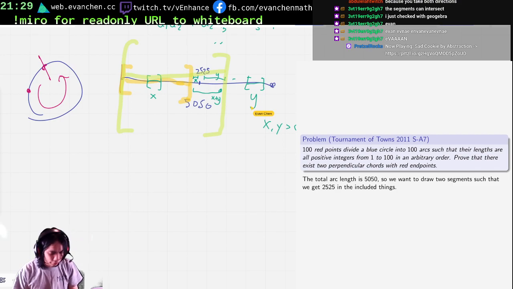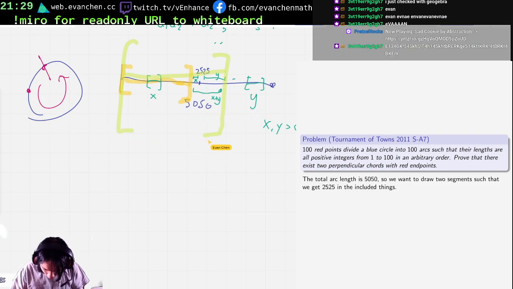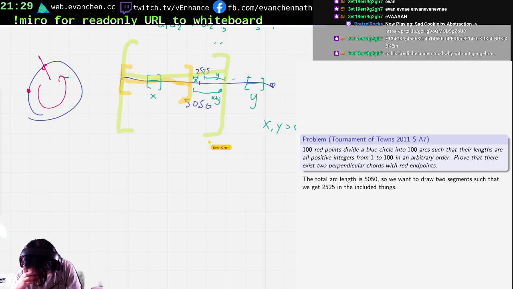The segments can intersect? Are you serious? Am I a crazy person? What? Oh, if you cut it off. Never mind. So does this just work? I feel like the signs are off though. Really?